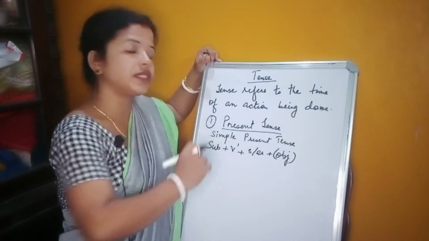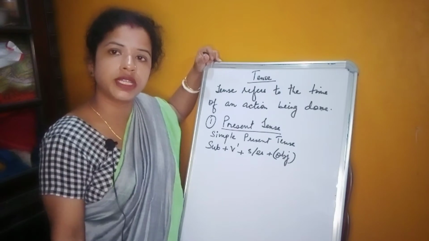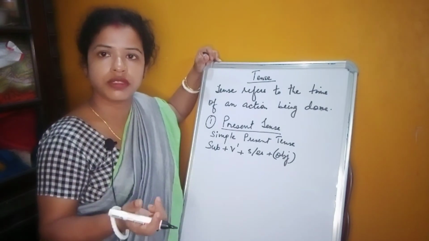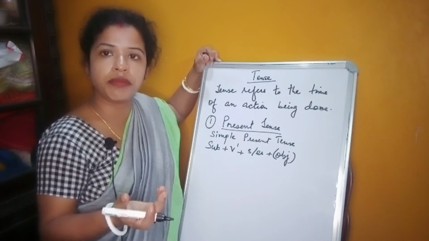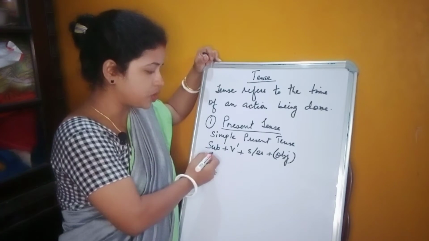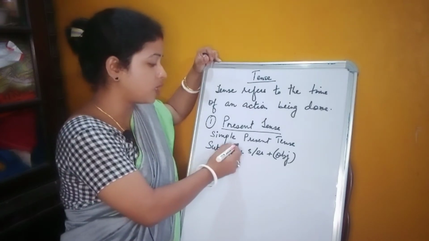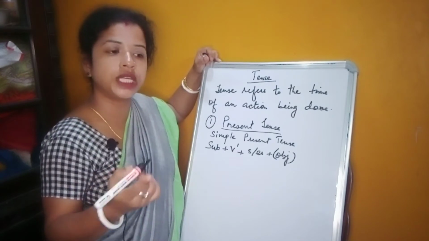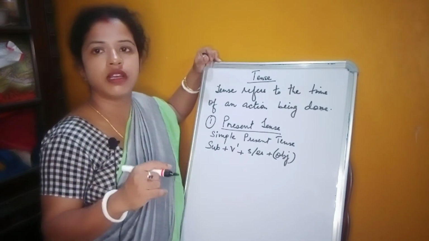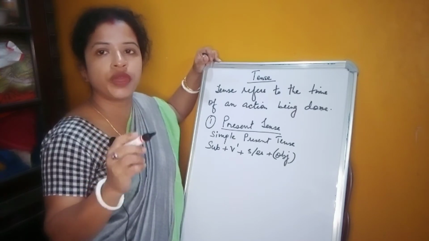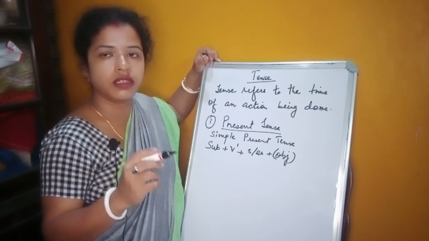What is the use of the simple present tense? Simple present tense is used to show a habitual action or a fact. It can be a universal truth. You put a subject, then verb 1, the first form of the verb. If I say do, did, done, do is the first form. If I say go, went, gone, go is the first form.